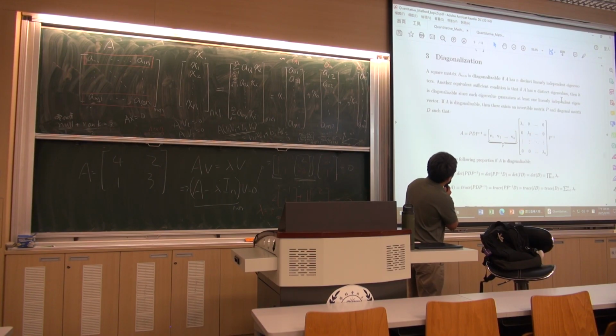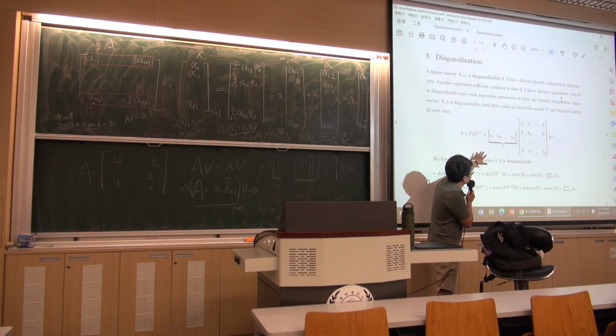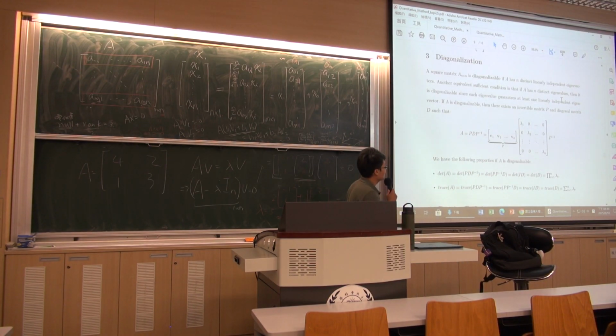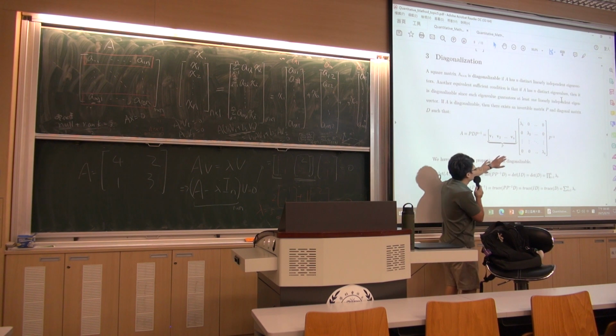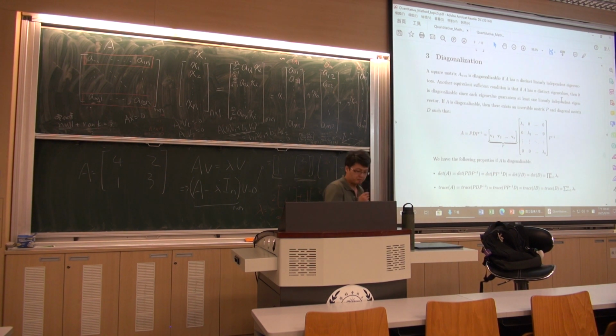If we have that, then we can decompose A in the following way, where all the V here are the eigenvectors of A, and all the lambda are the corresponding eigenvalues. Okay.